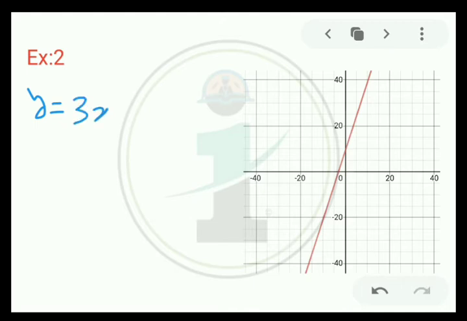Here I have drawn a straight line which has an equation y equals 3x plus 9. So the slope is the same as the previous one, but the intercept is in the positive y-axis, at y equals plus 9. So the slope is 3 and the intercept is 9. This is very easy to understand.